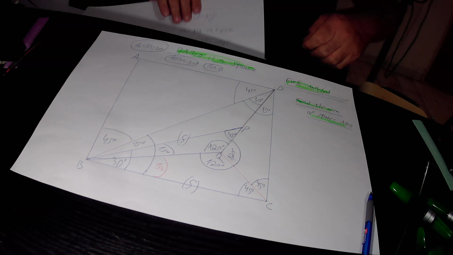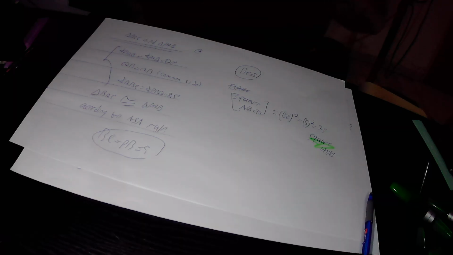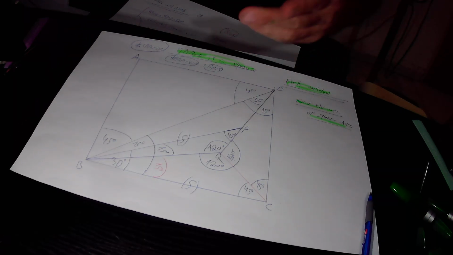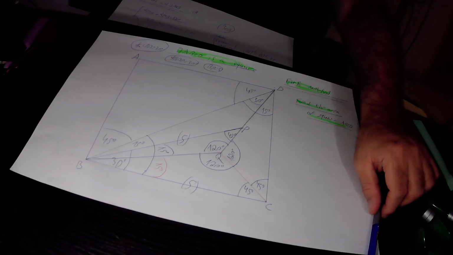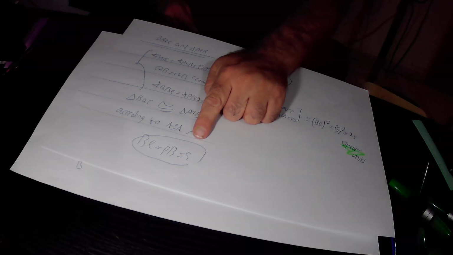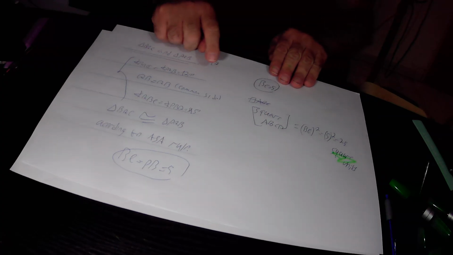So remember that BC equals PB, but PB equals 5 units according to what is given in the question. So I can write here that PB equals 5, and from this equation we derive that BC also equals 5 units in its length. BC equals 5.